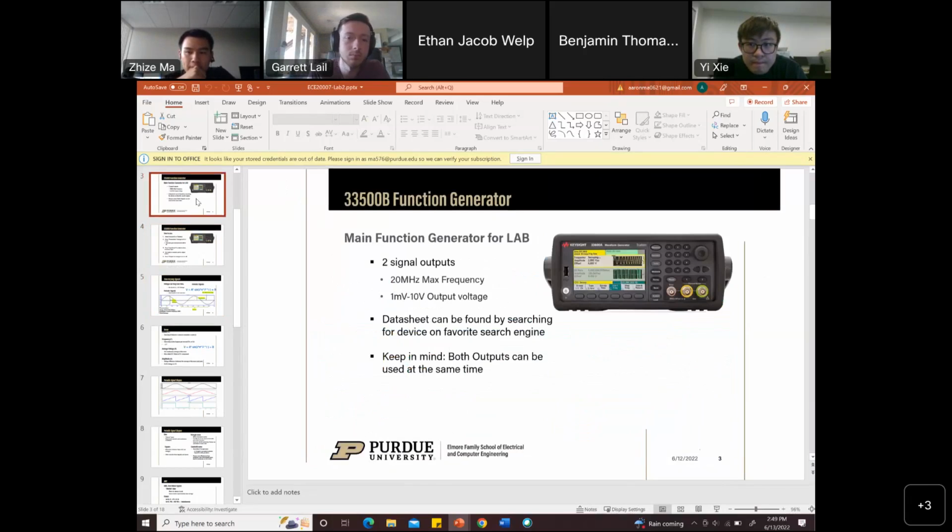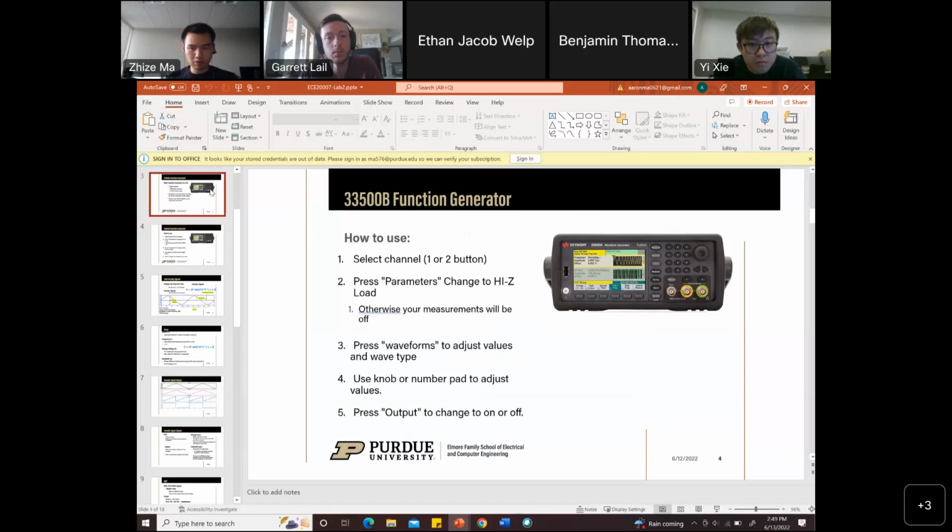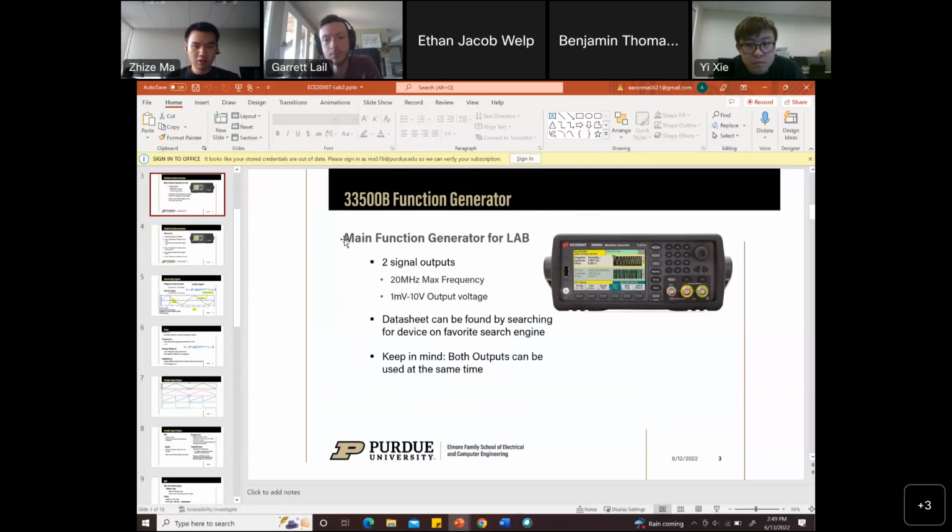They're not going to have an 82 to use when they go out, and if they have a job somewhere, their employers aren't going to want them to be using the 82. So at least having an idea of what a function generator and oscilloscope looks like will be a little bit helpful there. Probably then I will still talk about how the benchtop equipment works at the beginning of the class. Sure.